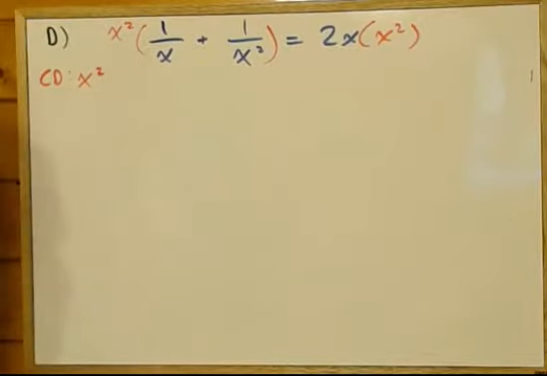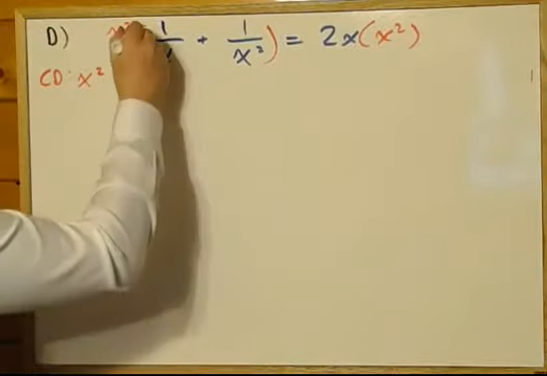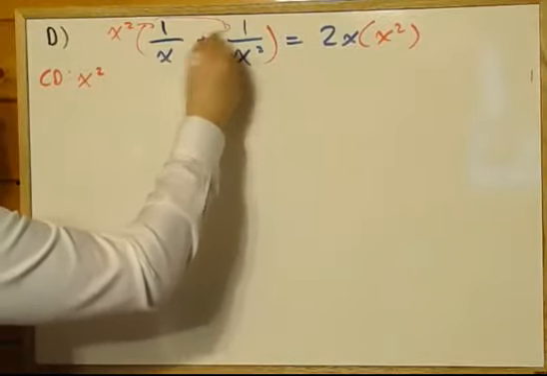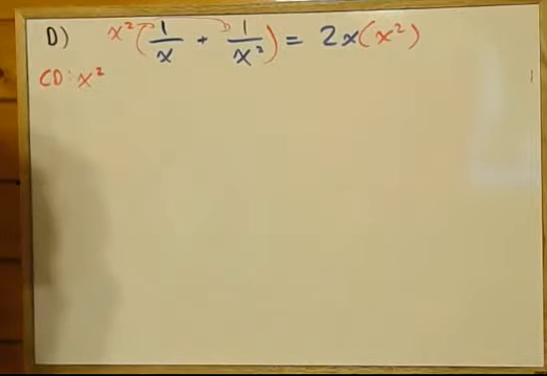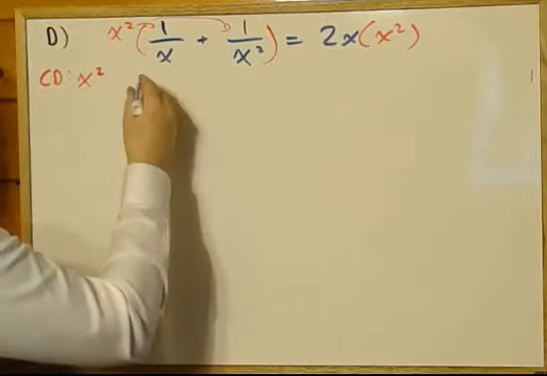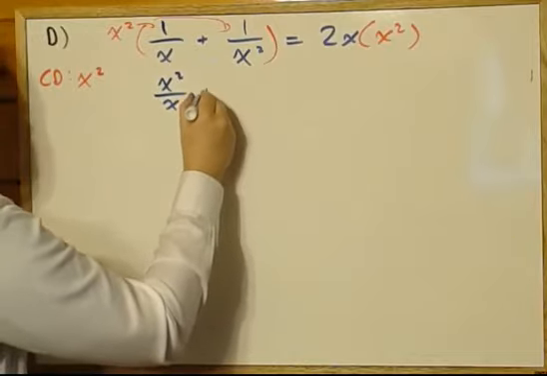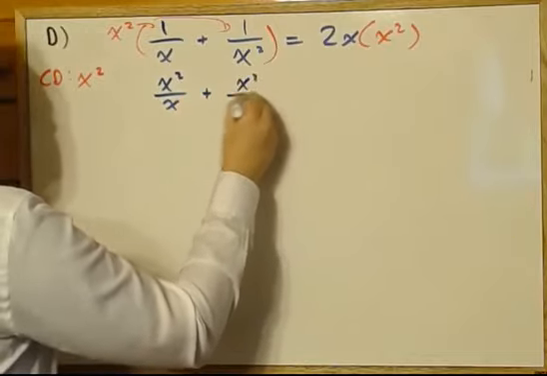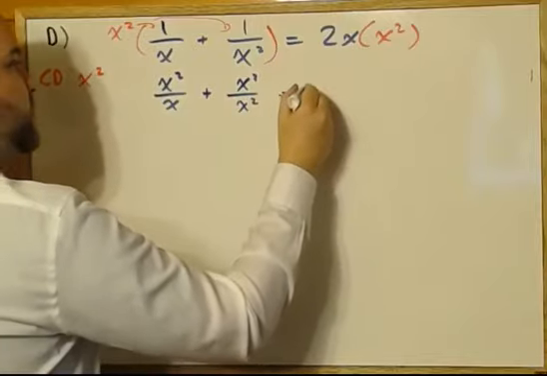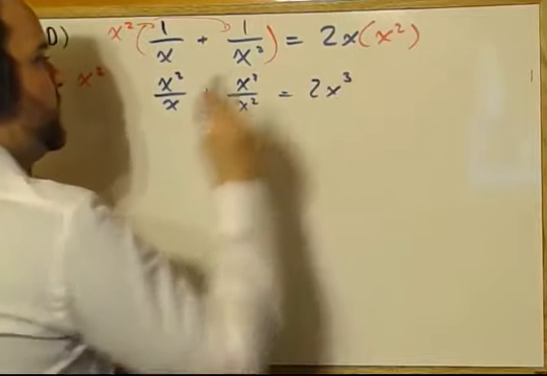So in this case, 1 over x plus 1 over x squared. So we expand out this x squared onto both terms. So this will yield x squared on x plus x squared on x squared is equal to 2x cubed.